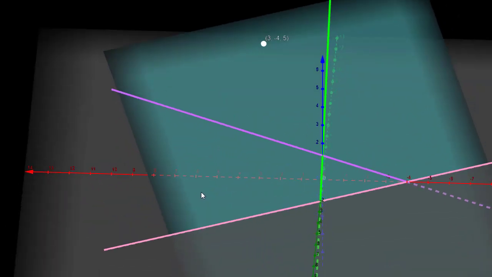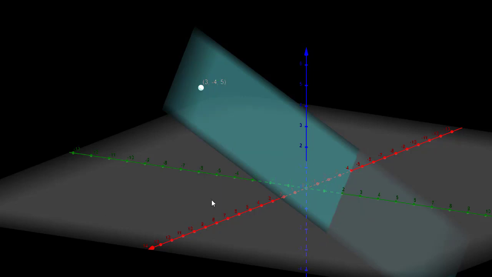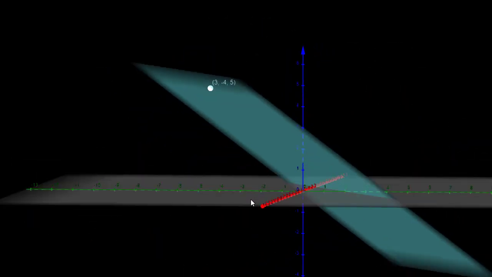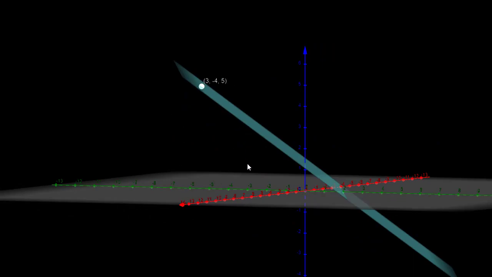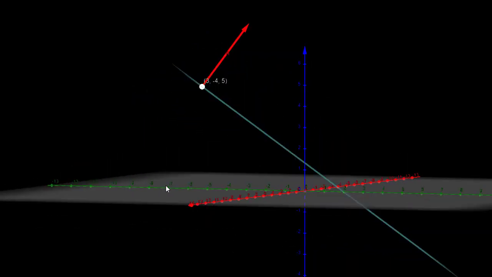So at the different axes, what we're seeing is where the plane intersects the XY plane, the XZ plane, YZ plane. Okay, so if we knock these off, here's the plane itself, here's the point we started with, and the normal vector we were given.